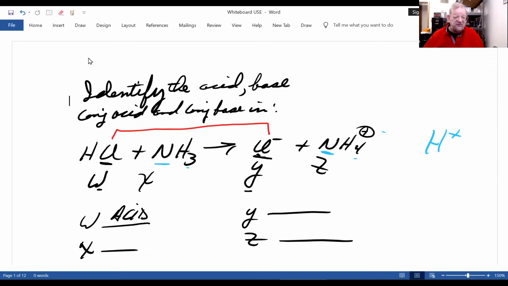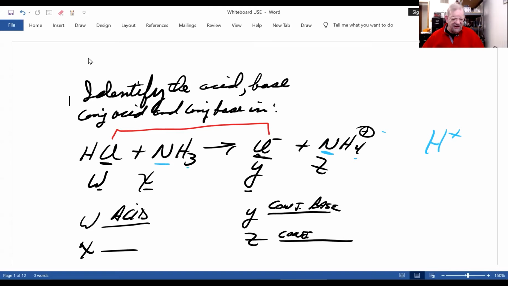Just count hydrogens, it's gained one. What is something that accepts or gains? That's a base. But on this side, both of these on the right side are called the conjugates. So this would be a base, but it's the conjugate base.